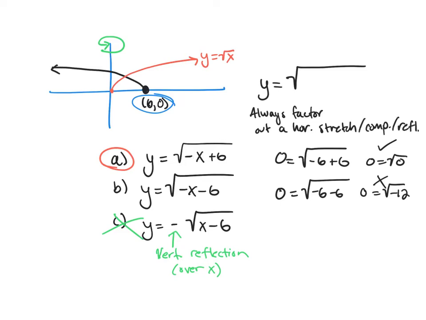So if I was thinking about this problem, I would say, okay, it's shifted to the right 6. I know that that looks like the square root of x minus 6. And there is also a reflection. Now if I look at what that simplifies to algebraically, if I distribute, that's a negative x plus 6, so that matches A.